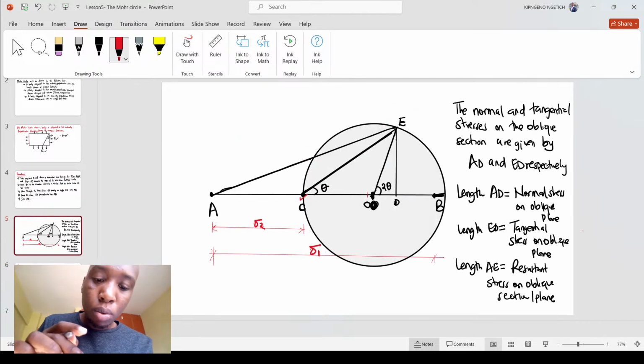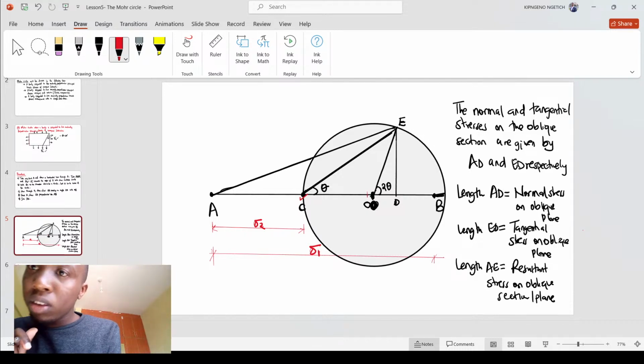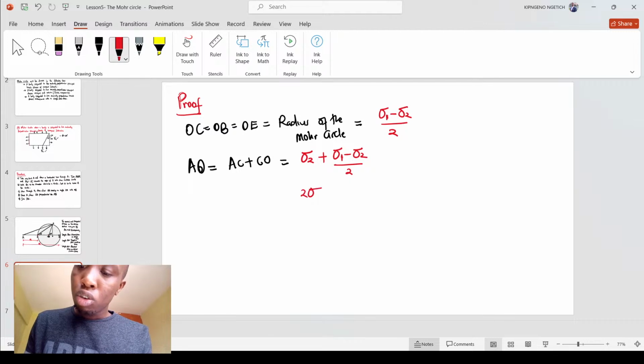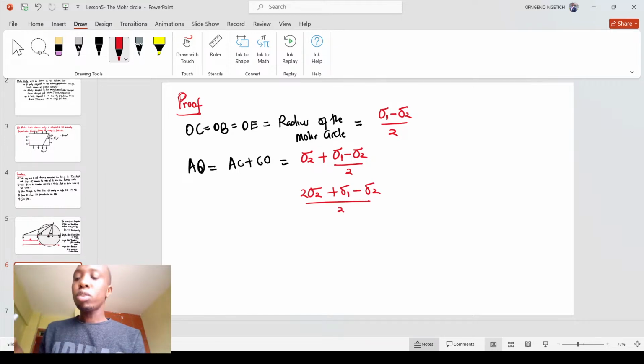plus, what's your CO? Your CO is the radius of the Mohr circle. CO, radius CO, and we have the radius as stress 1 minus stress 2 divided by 2. Mathematically, that can be expressed as 2 stress 2 plus stress 1 minus stress 2 over 2, because you just want to bring it as now one family.